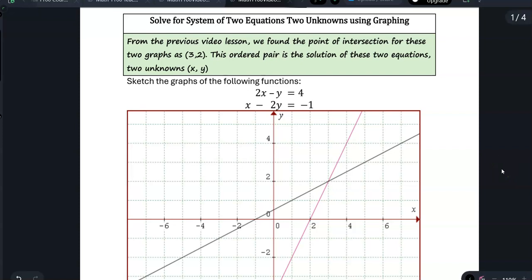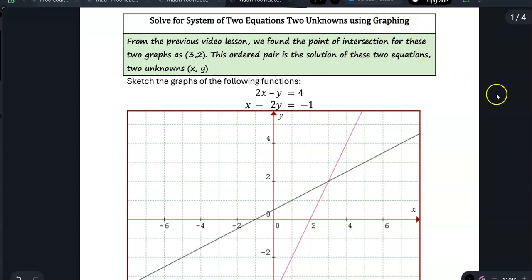Hello everyone. In this video, I would like to go over solving these two equations, two unknowns, using algebra. What we did in the previous video was solve these two equations, two unknowns, using graphing.